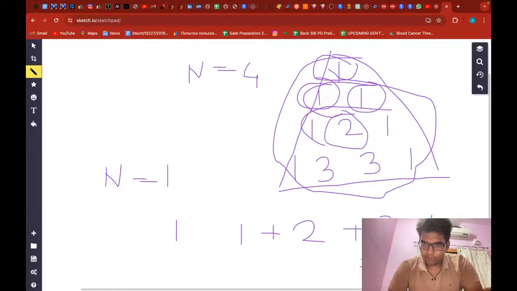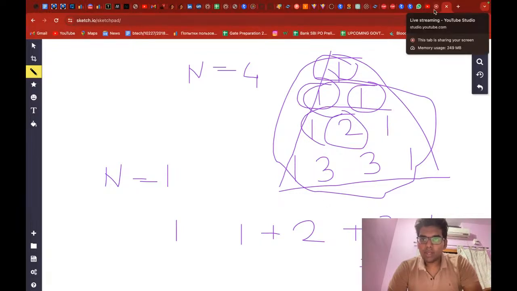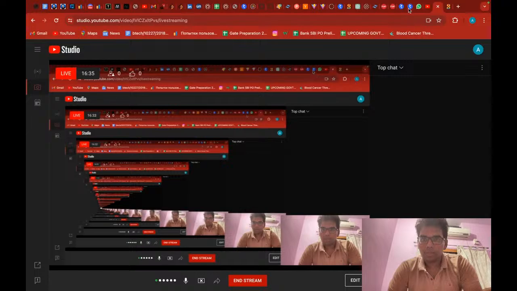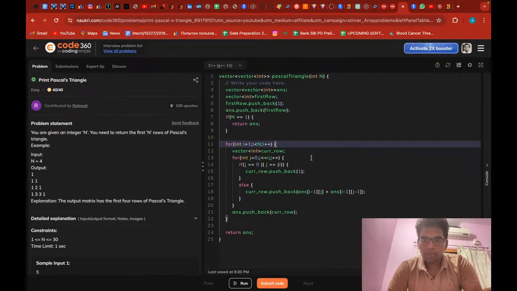by 2. In the generic case, where n is not necessarily 4, the sum of n natural numbers will be n into n plus 1 by 2. So this is the number of terms I will be covering. In coding terms, if I is equal to 1, I will be traversing 2 times.